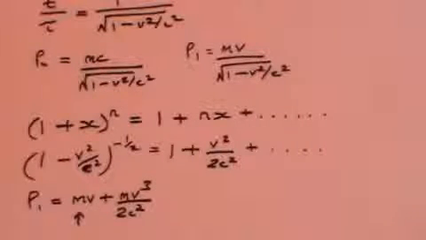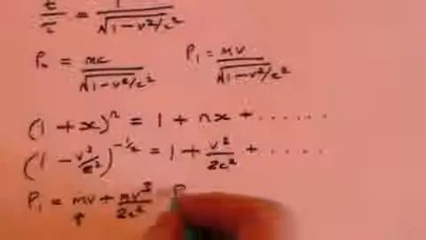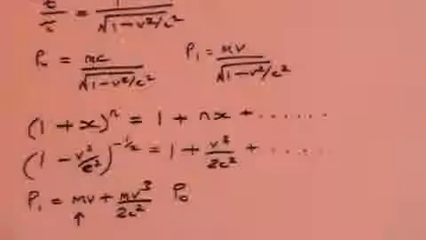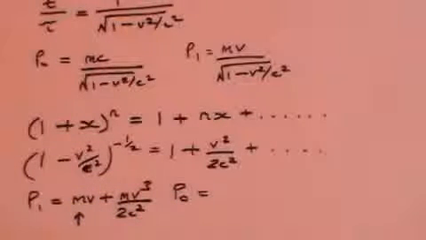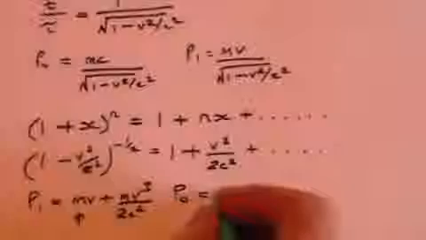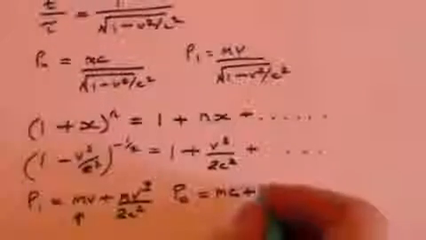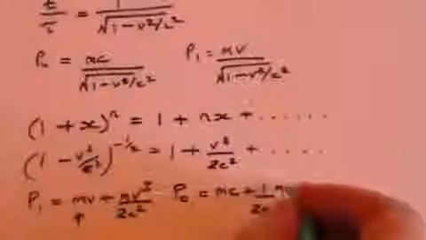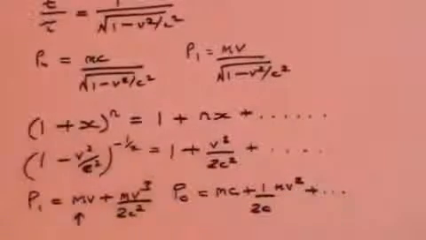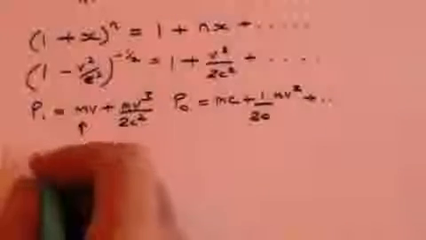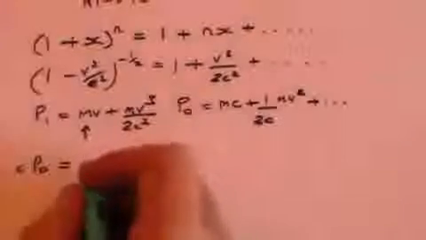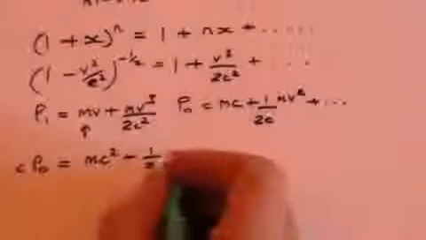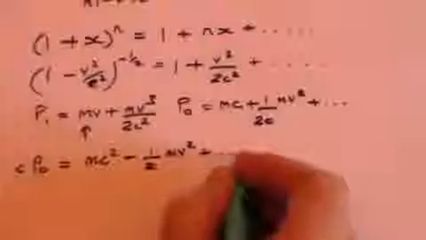What about p0, the first term of the 4 momentum vector? Well, that is mc divided by the square root of 1 minus v squared over c squared, which using the expansion is mc plus 1 over 2c times mv squared, plus a lot of other terms we can ignore. If you multiply both sides by c, we get that cp0 equals mc squared plus a half mv squared plus some other terms.